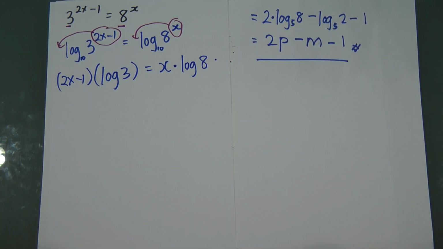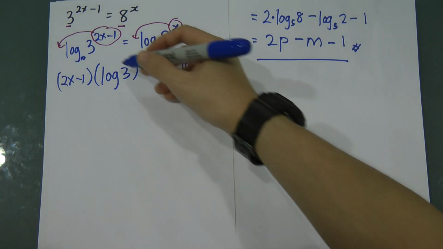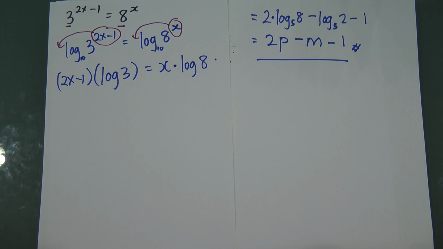Alright, because he asked you to solve this kind of question, so solve means what? Solve means you have to find the value of x. So over here, if you press the calculator, log 3 is just a number. Let me take my calculator.